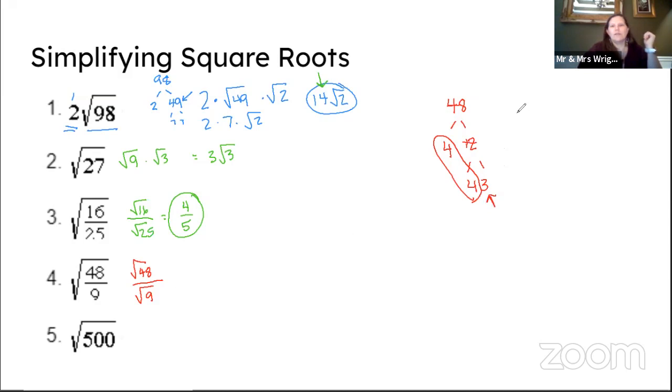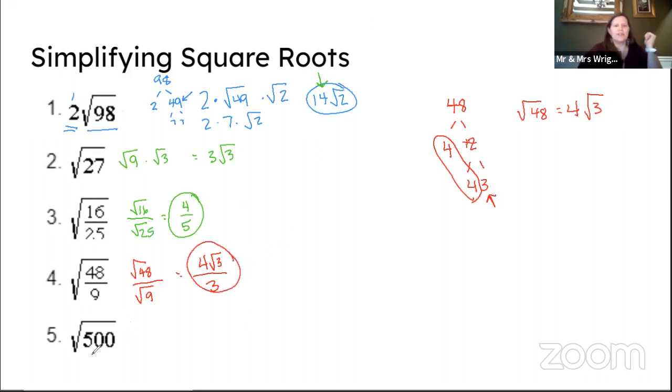So my square root 48 is going to equal 4 because they're going to get married and move out of the house. Lonely only stays in the house here. 4 square root of 3. All right, so I'm going to have on the top 4 square root 3, and on the bottom square root of 9 is 3. And that is my final answer for that one.